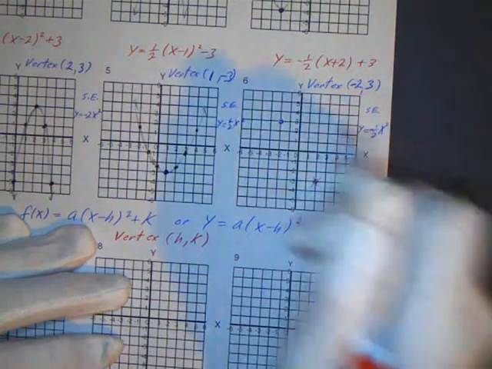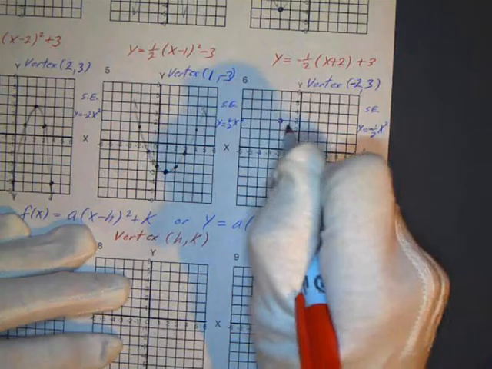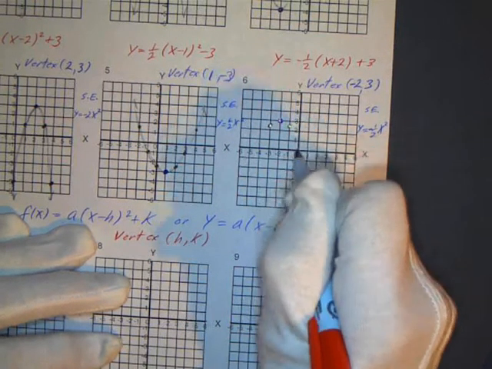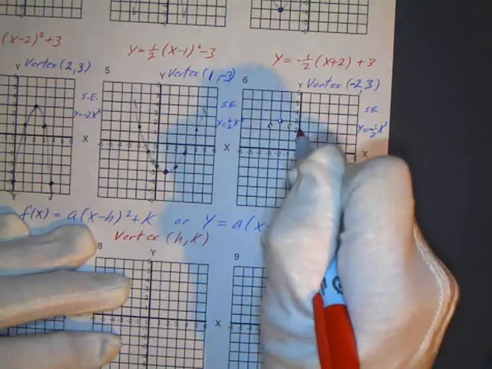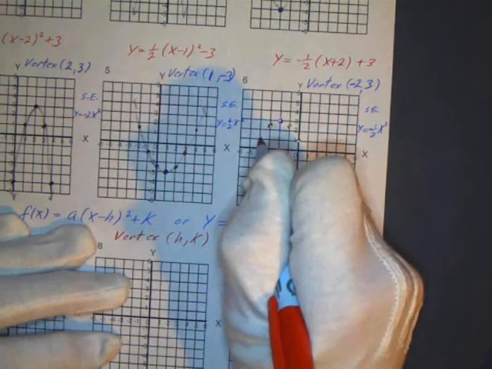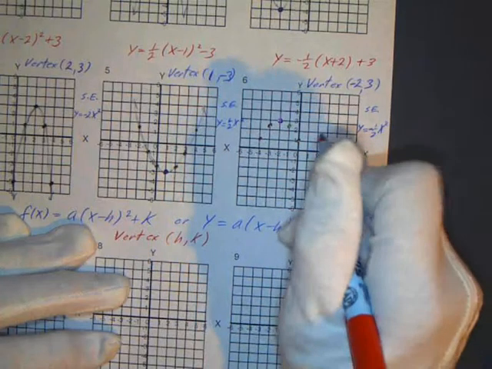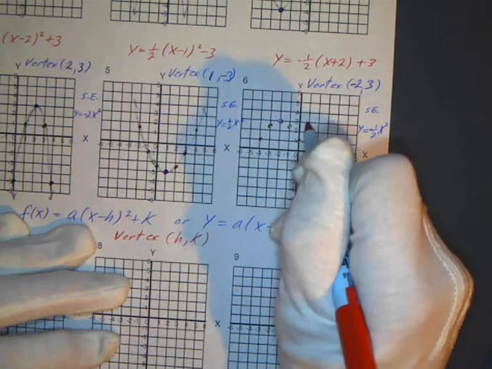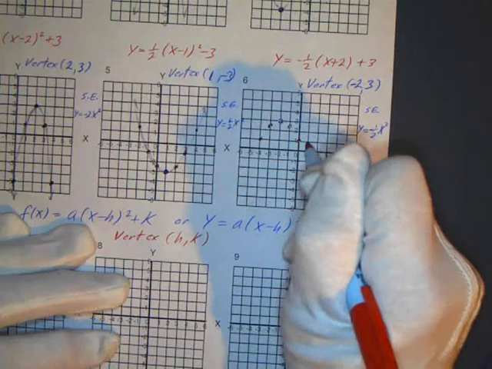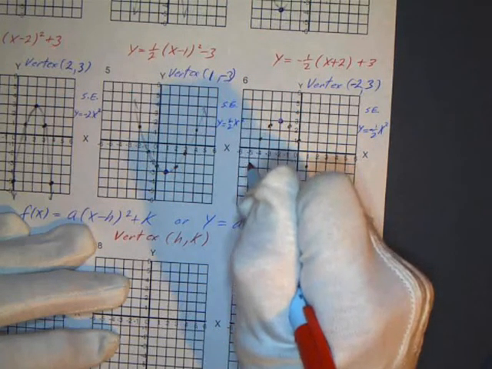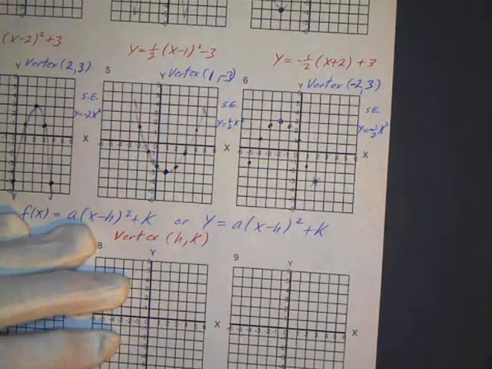And then I'm going to go over 1, down 1/2, back 1, down 1/2, over 2, down 2, back 2, down 2, and over 3, and I could say down 4.5. Down 4.5, and these are symmetrical. There you go.